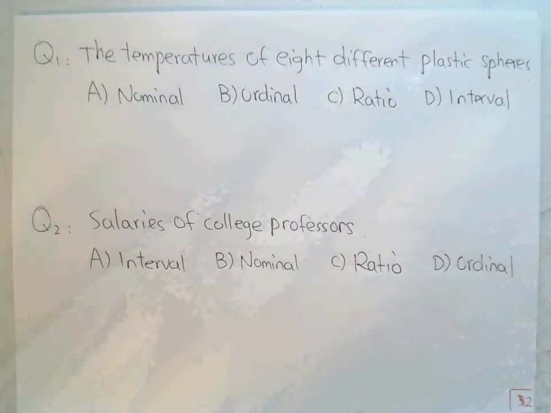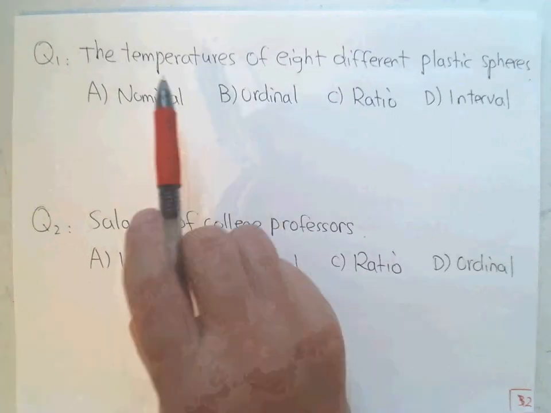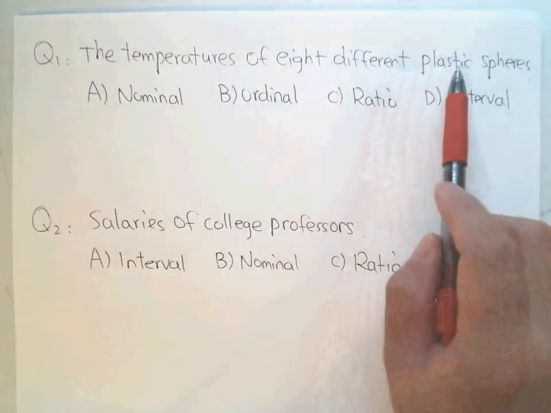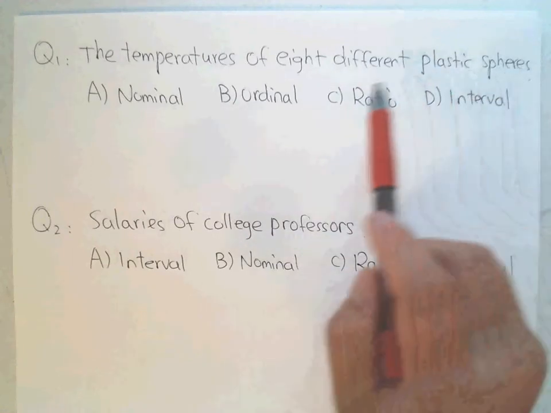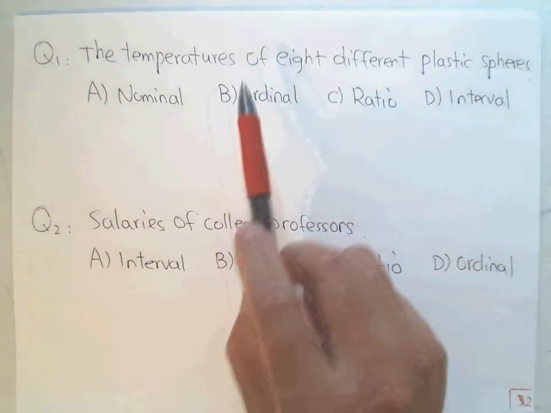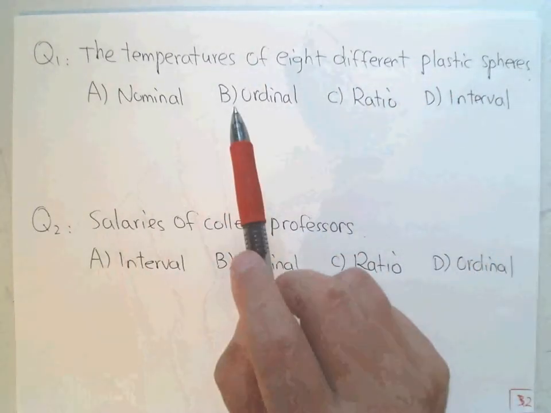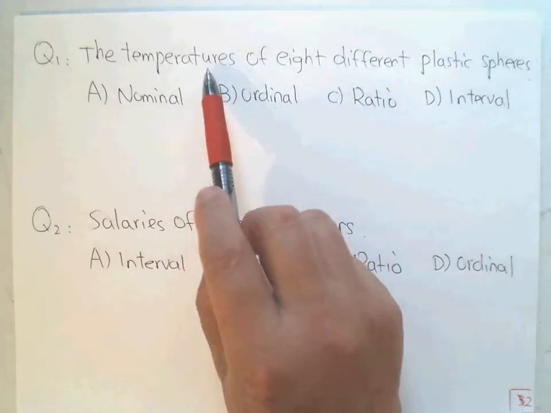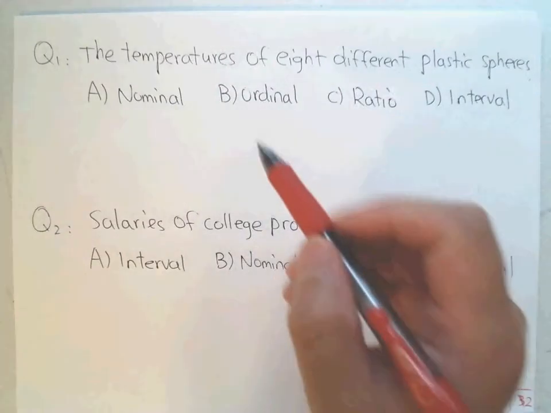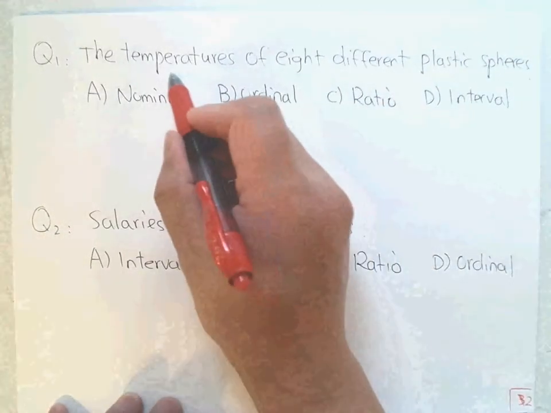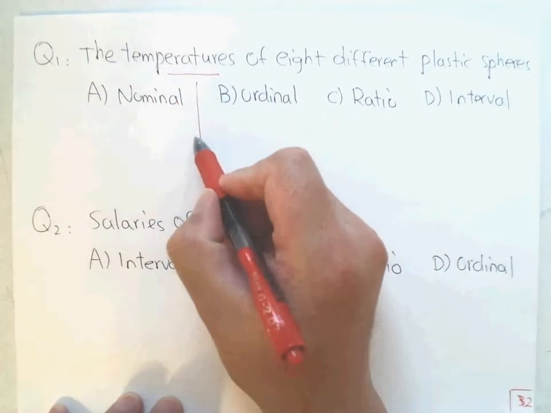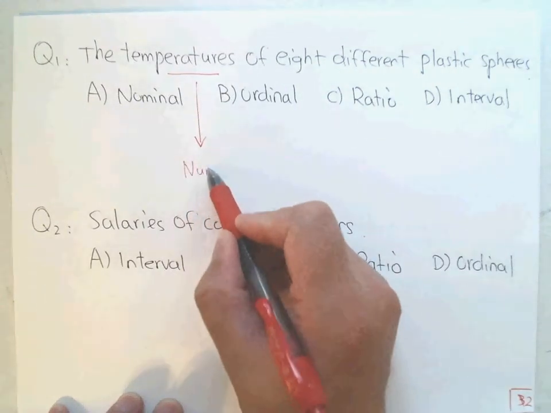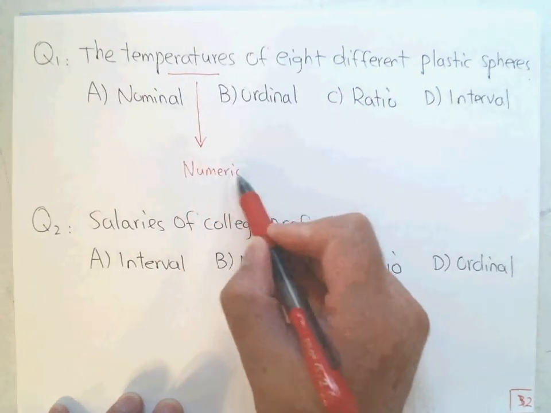Let's look at four examples. The first example is the temperature of 8 different plastic spheres. The temperature is sometimes 0, sometimes 20, sometimes 40 degrees. This is numerical, no problem.